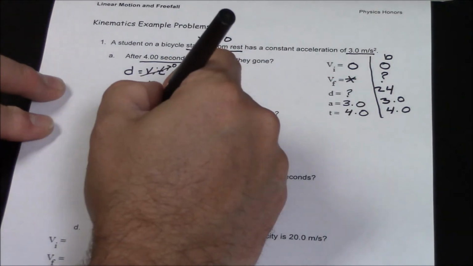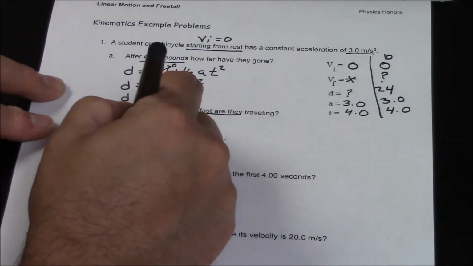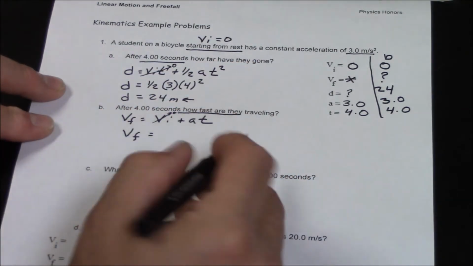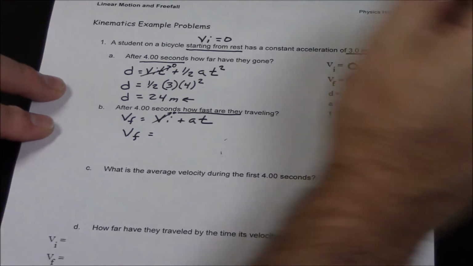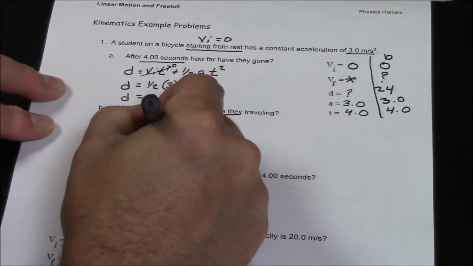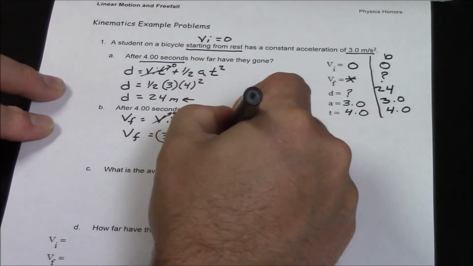Again, velocity initial is 0, so velocity final is A times T. A was 3, T is 4. 12 meters per second.